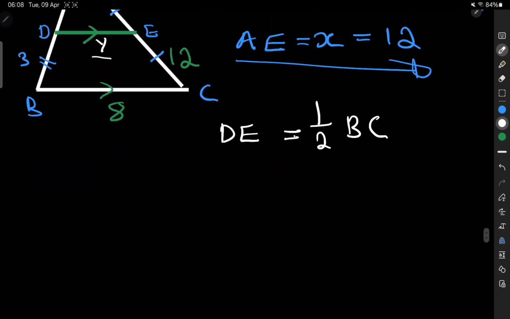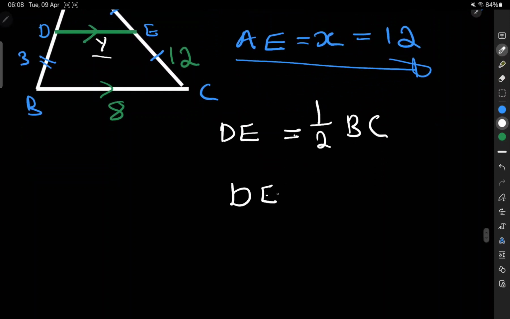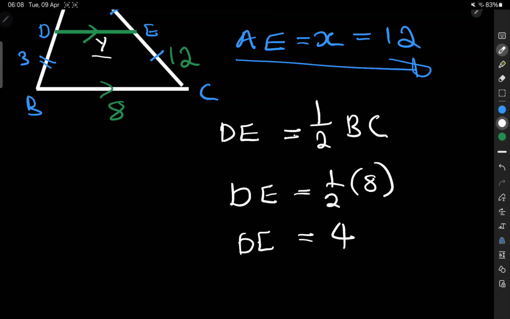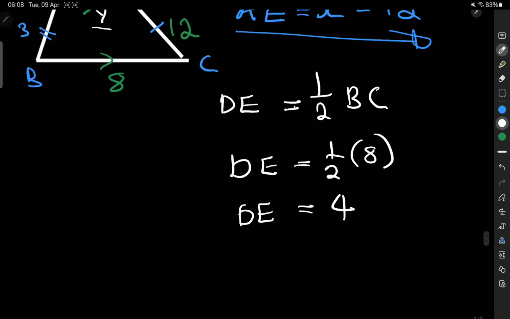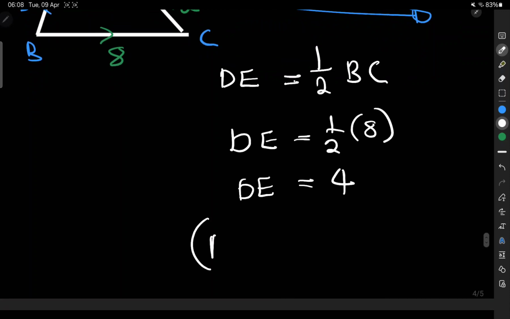We're already given the value of BC, so DE will be equal to half of 8 units, and half of that will be 4. The reason for that is the midpoint theorem.